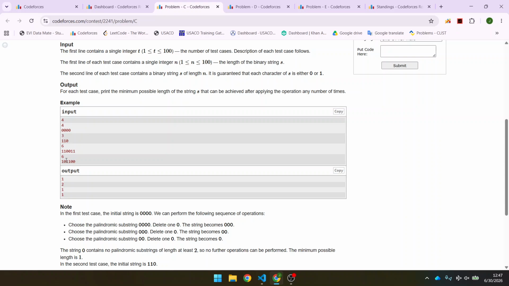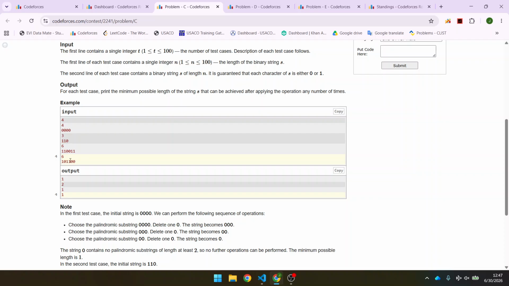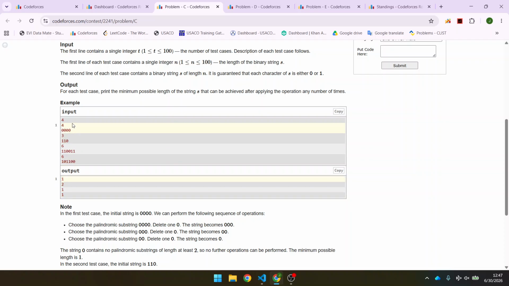The answer is either one or two. If it's 1010 or 0101, then the answer will be one. Otherwise, the answer is two.